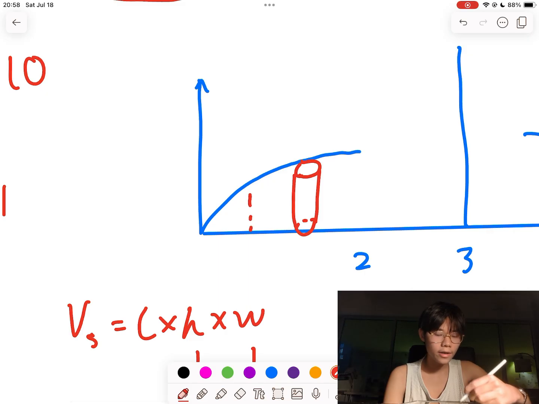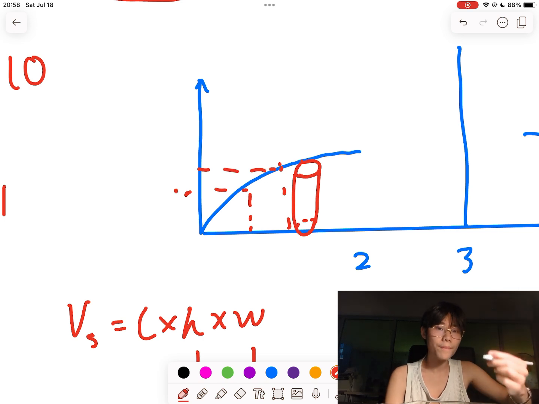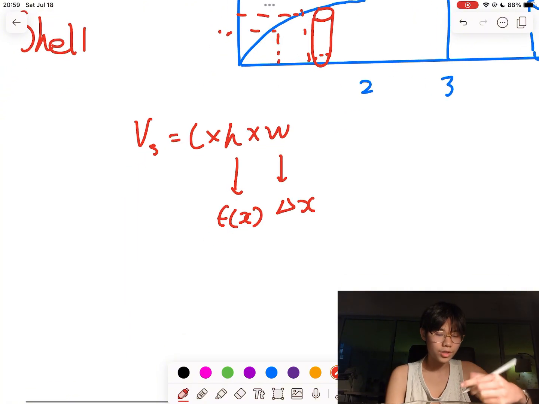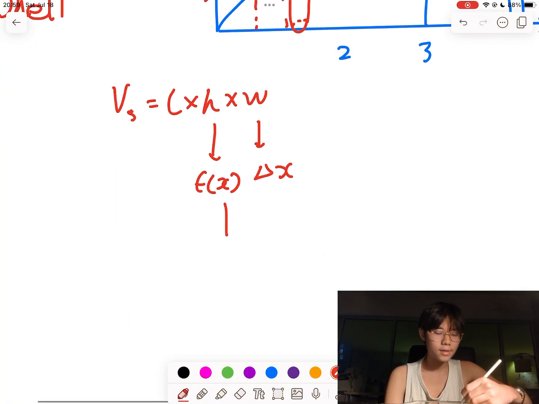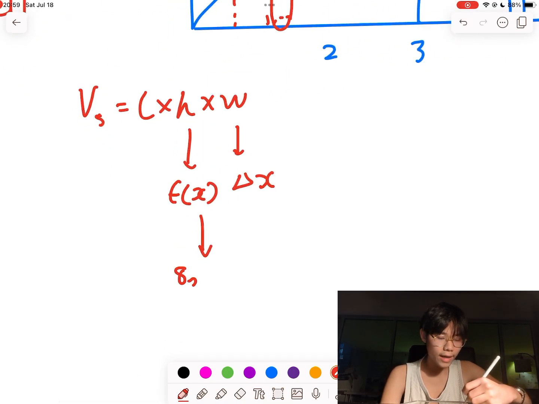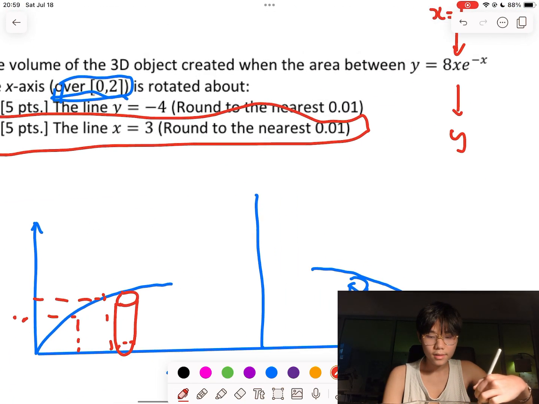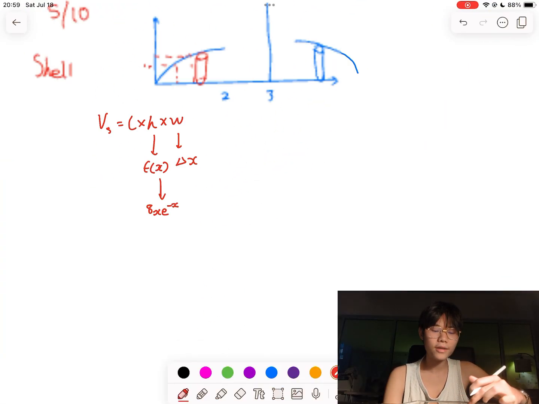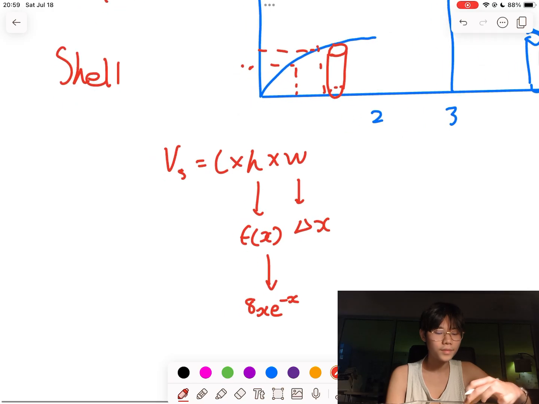Anywhere we put our x value, the output will be of the function because it hits the line. So h, height, is our function, and that is 8x e to the power of minus x. I completely forgot about that during the test.